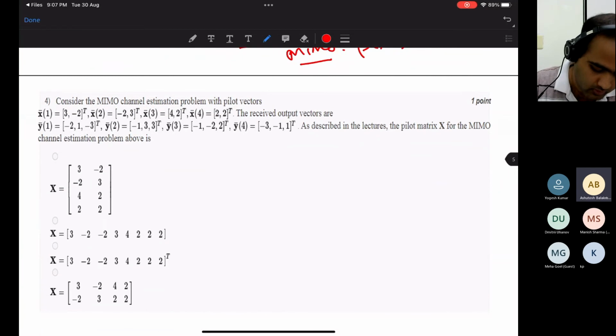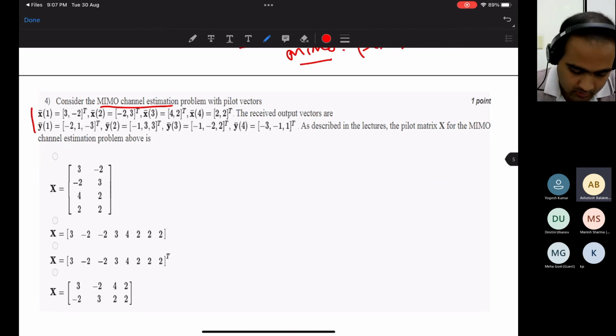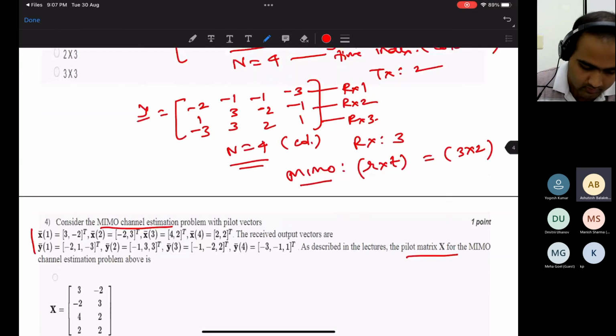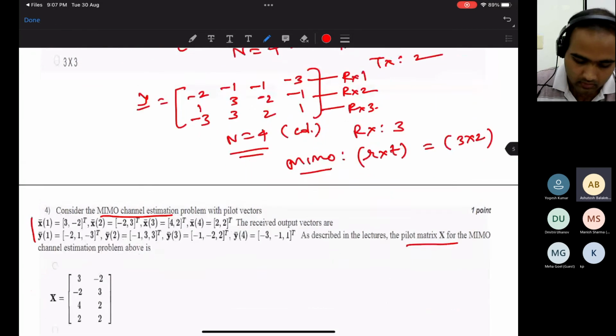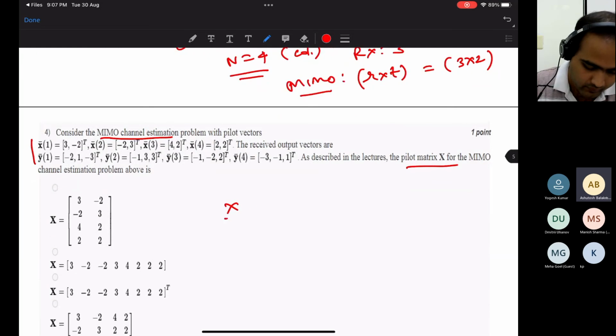So question 4. We have the same MIMO matrix, so it is a build up to the previous question, and the pilot matrix X. What is the pilot matrix X? We derived this. If you want, I'll do it again.